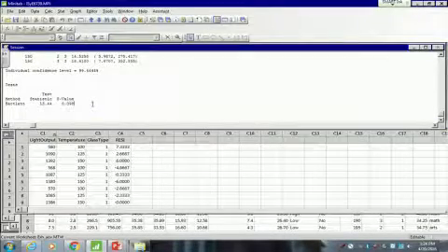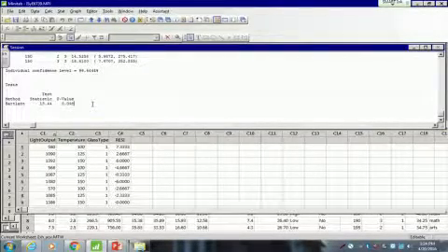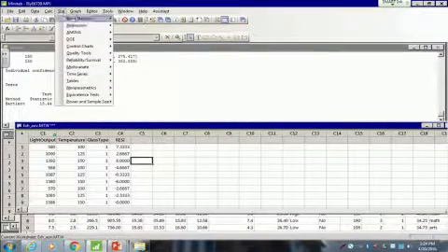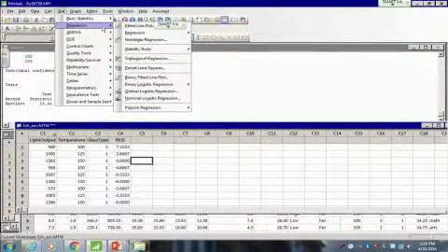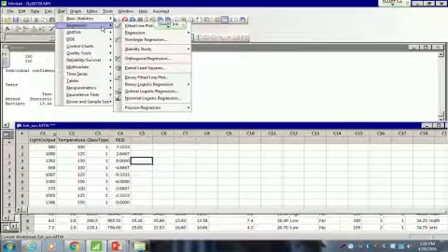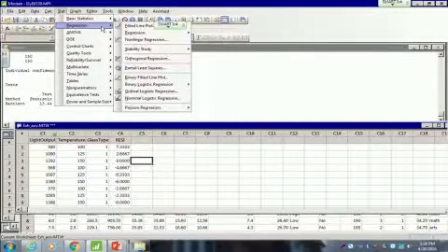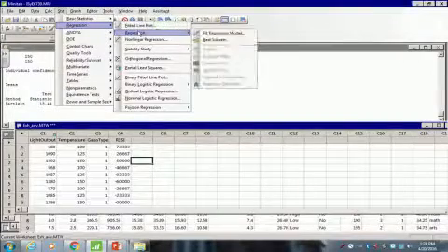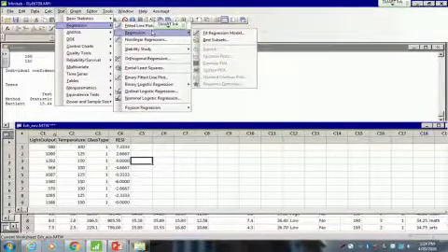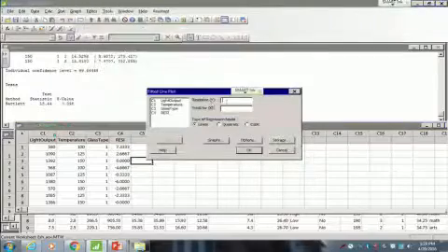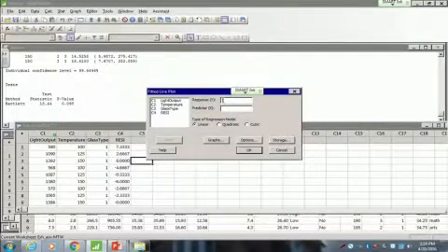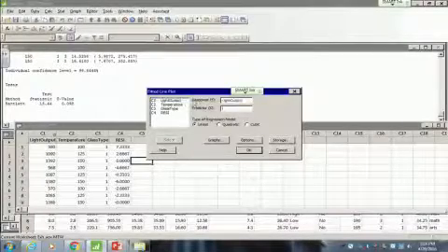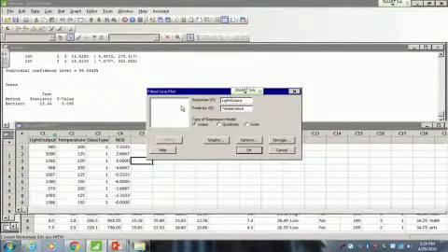Any questions? So, regression. For regression, you can do different types of regression, the one that you learn in this class and some more advanced regression models. But if you have only one variable, y versus x, for example, then you select your response, select your temperature.